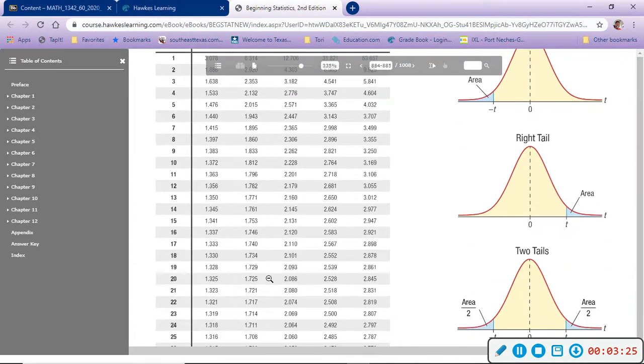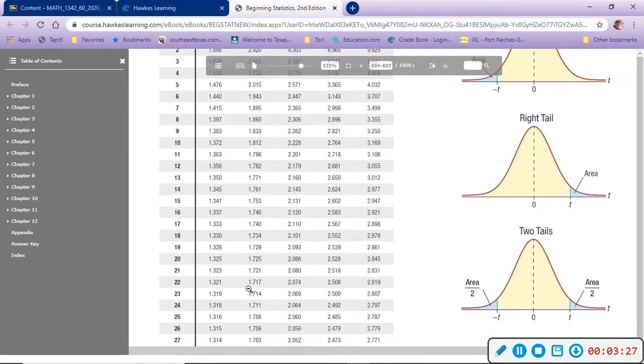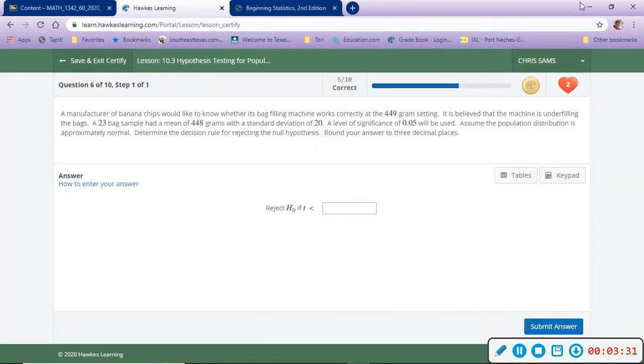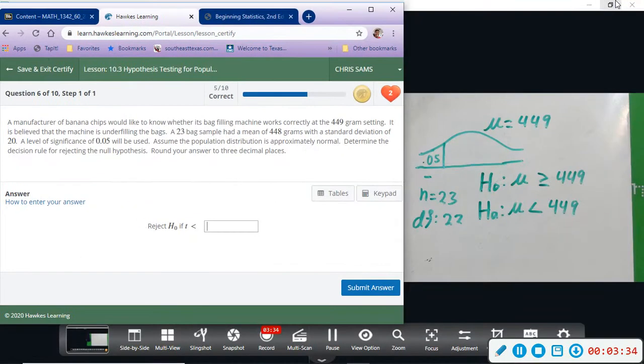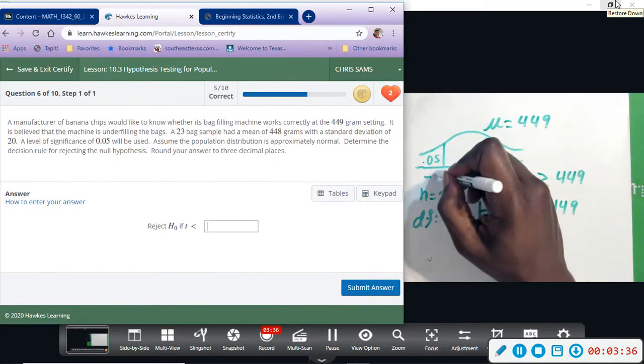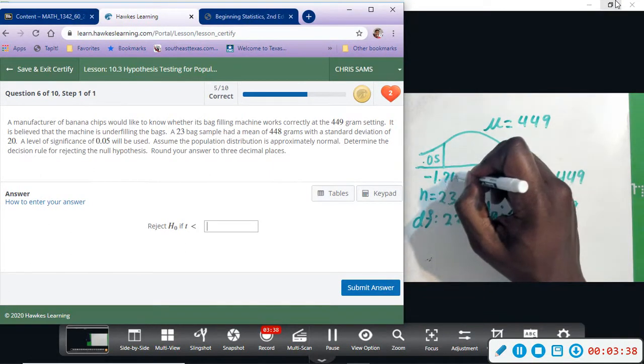So down here at 22 we got 1.717. So that tells me that my critical value is a negative 1.717.